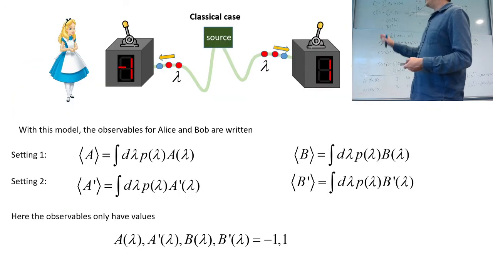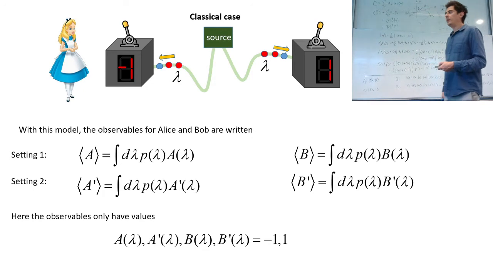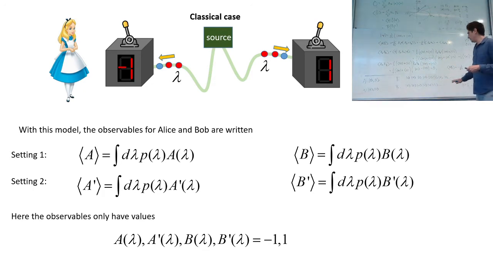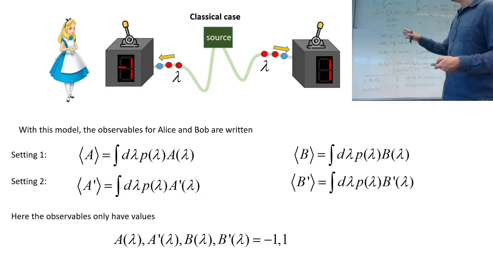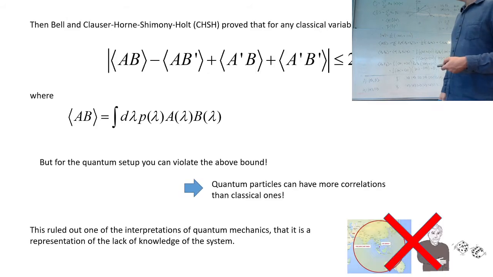This is an example where this subtle correlation comes up and shows that something a little bit more than classical is happening, because it breaks this CHSH inequality.